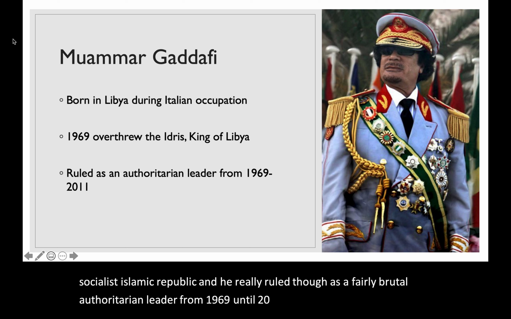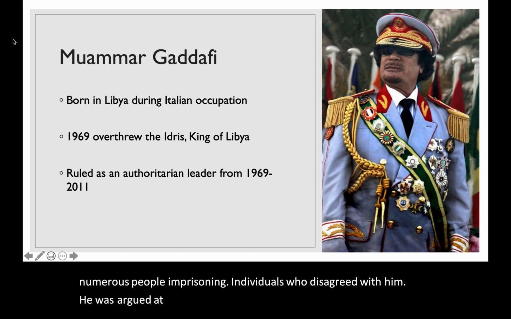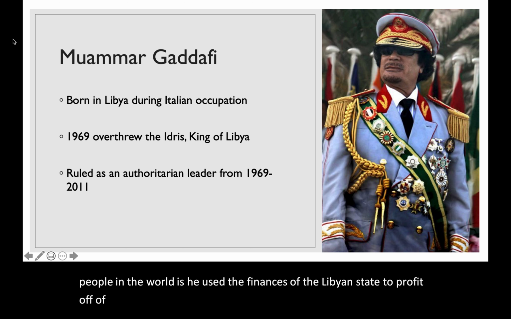He was responsible for killing numerous people and imprisoning individuals who disagreed with him. He was argued at various points to be one of the richest people in the world, as he used the finances of the Libyan state to make himself extraordinarily wealthy.